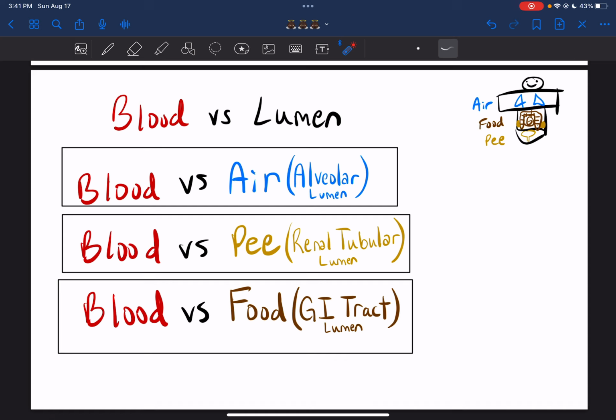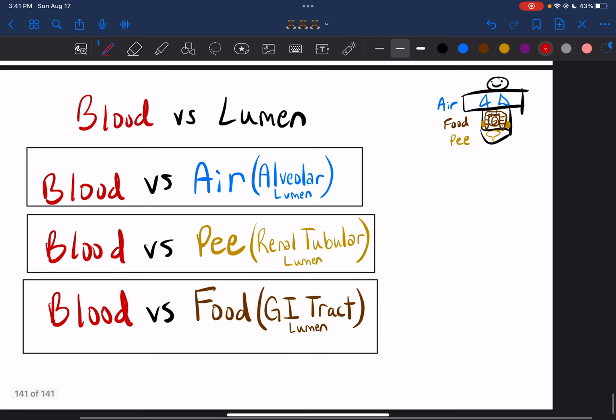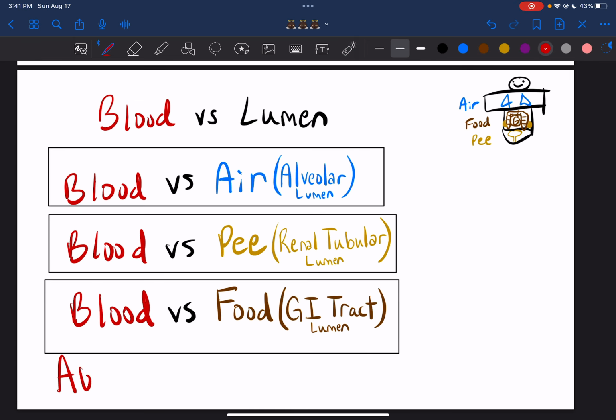Lastly is the GI physiology. Blood versus the GI tract. Similar to the renal one, in that you're just trading things back and forth. One key thing that sometimes trips people up and used to be an issue for me is the word absorption always means going into the blood. That is consistent.